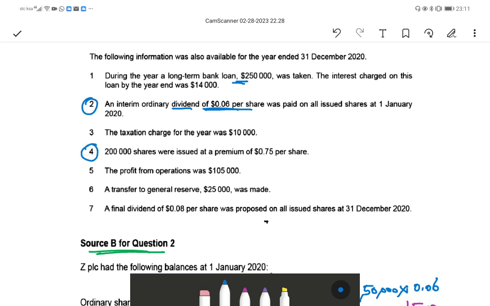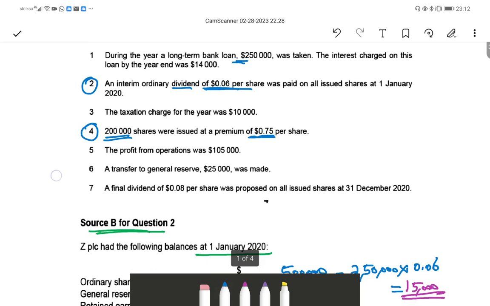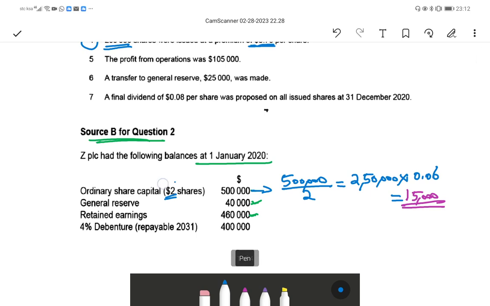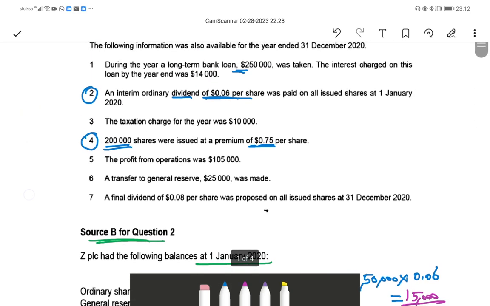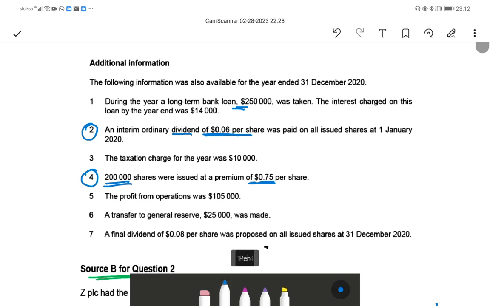Next, 200,000 shares were issued at a premium of 0.75. What is the share price? Share price is given. The company's share price is 2. So, shares issued 200,000 multiplied by 2 is the share. Then 200,000 multiplied by 0.75 is the premium. So 200,000 into 2 is equal to 400,000.